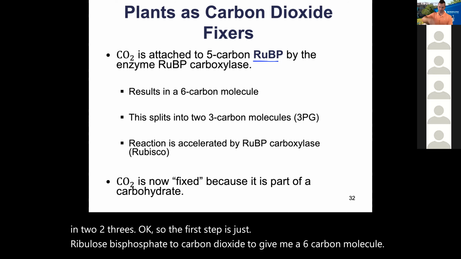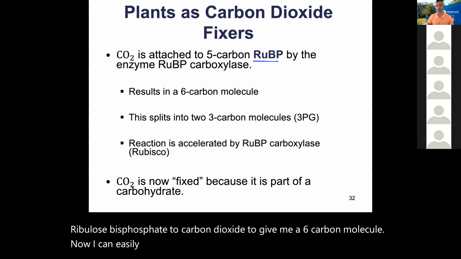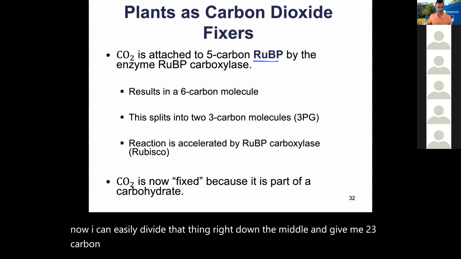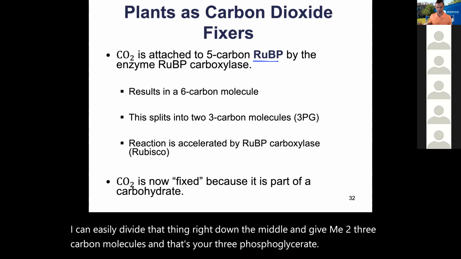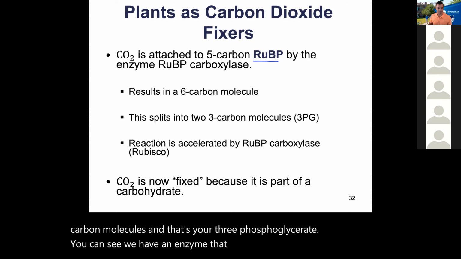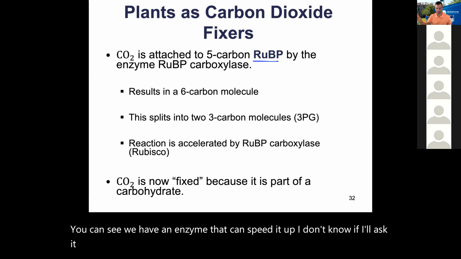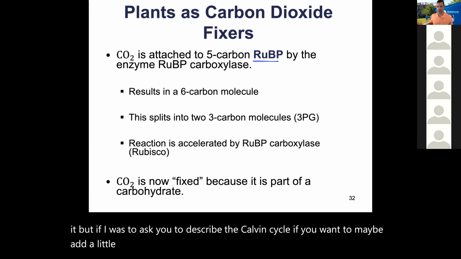Now I can easily divide that thing right down the middle and give me 2 3-carbon molecules, and that's your 3-phosphoglycerate. You can see we have an enzyme that can speed it up. I don't know if I'll ask it, but if I was to ask you to describe the Calvin cycle, if you wanted to maybe add a little extra juice to impress me, maybe I'd look kindly upon that.